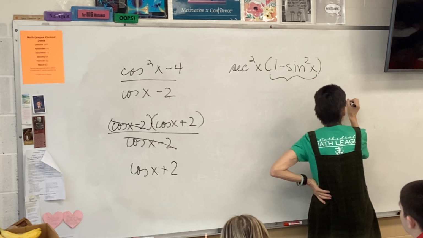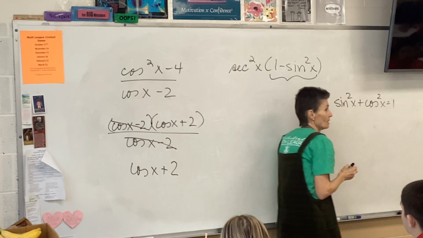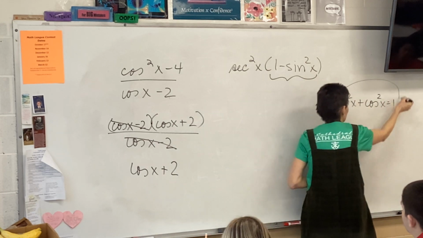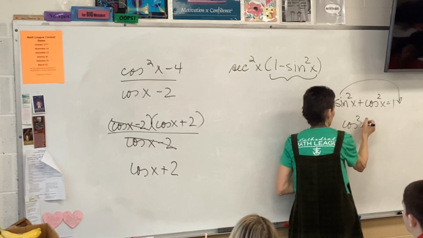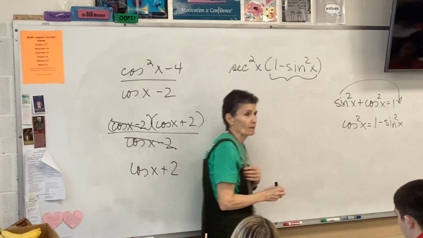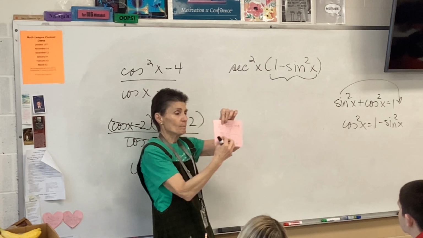What can you tell me about 1 minus sine squared? Well, don't we have one that says sine squared plus cosine squared equals 1? So if we were to move this to the other side, wouldn't it say cosine squared equals 1 minus sine squared? Remember, all these things on your pink sheet, you can move those around.